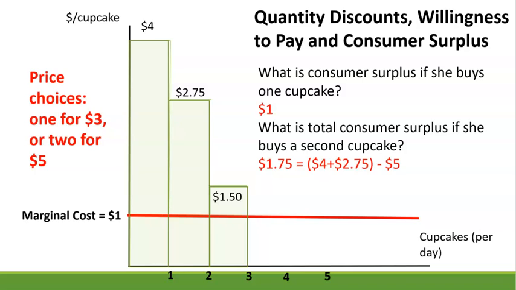So it would make sense to purchase the second cupcake, because what the consumer is trying to do is to choose a combination that's going to lead to the maximum consumer surplus. And obviously it wouldn't make any sense in this case to purchase an extra one. Presumably that would cost another $3, and that wouldn't make any sense.